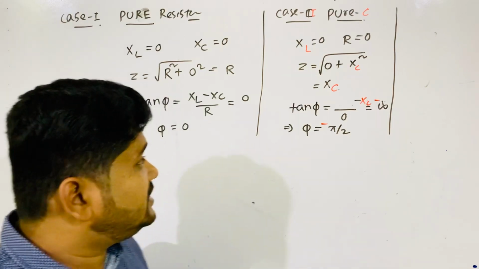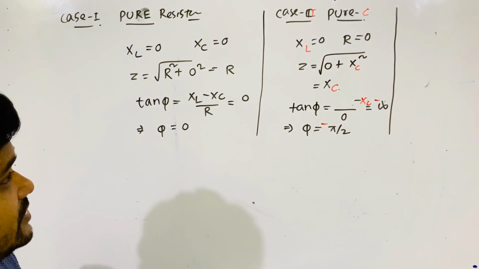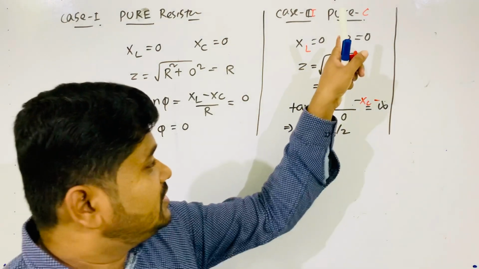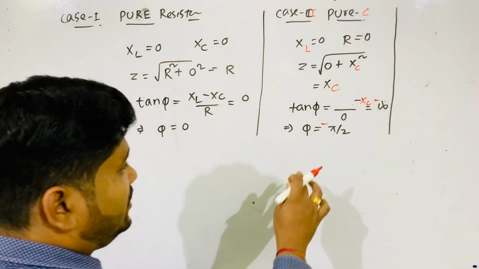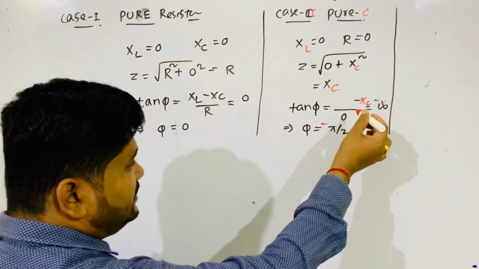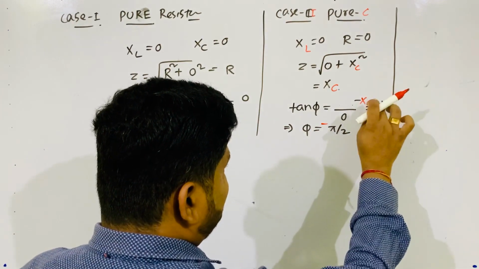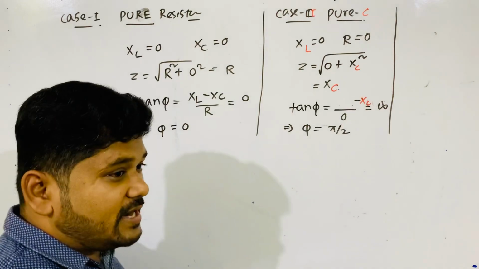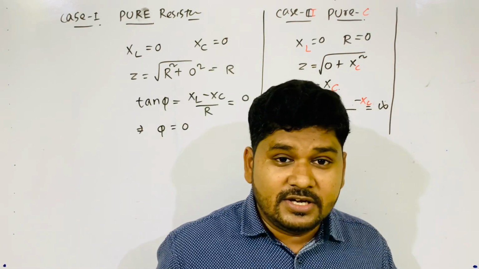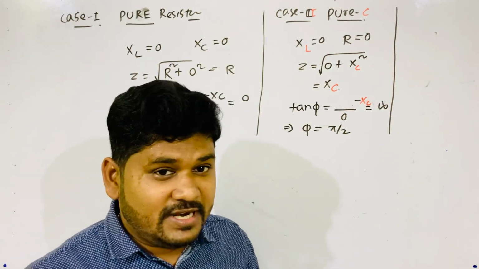Means here, which circuit did I tell you? Pure capacitive circuit. In a pure capacitive circuit, we have current leading the voltage. You will take the mod here, minus pi by 2, because in the pure capacitive circuit current leads the voltage.